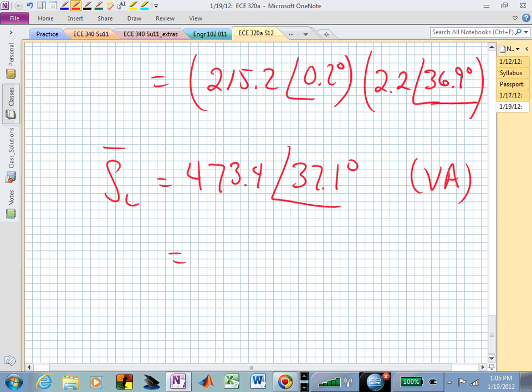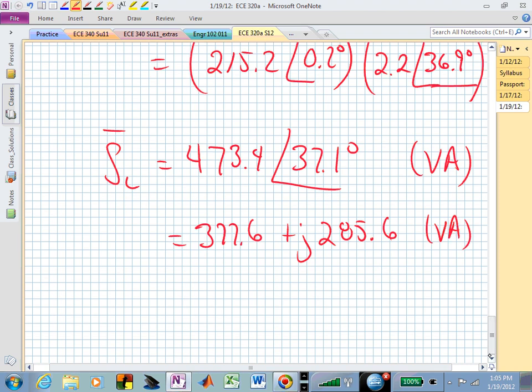I now project onto the horizontal axis for my real part, the vertical axis for the reactive power, and I end up with 377.6 plus j285.6 volt amperes.